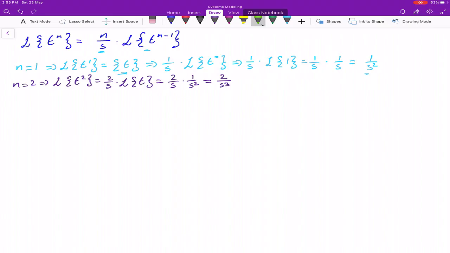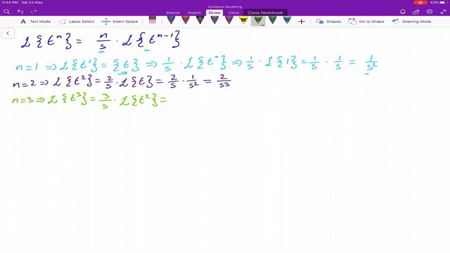What about if n is equal to 3? Again, this implies that we have the Laplace transform of t to the third, and n is 3, so we take 3 over s times the Laplace transform of t to the 3 minus 1, which is t squared.